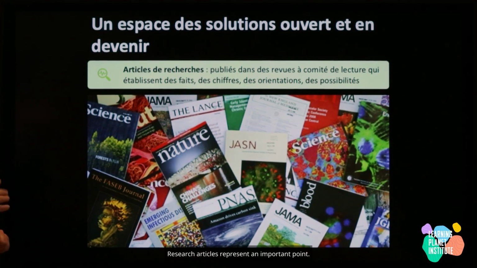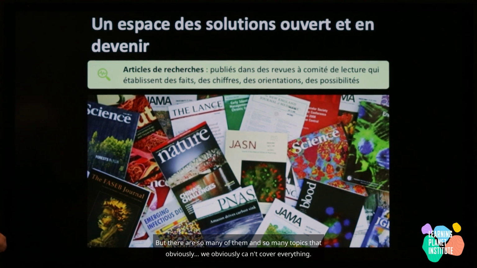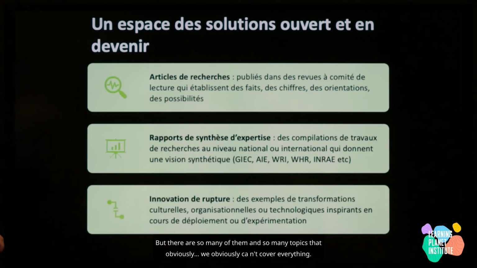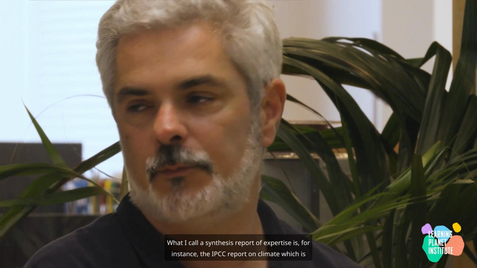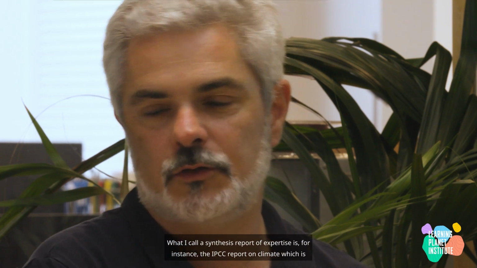Research articles represent an important point, but there are so many of them and so many topics that we obviously can't cover everything. So there is another very important source, which is the extremely detailed synthesis and comprehensive expert reports. What I call a synthesis report of expertise is, for instance, the IPCC report on climate, which is authoritative.